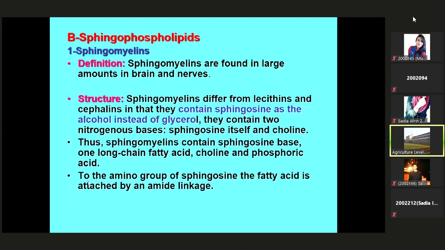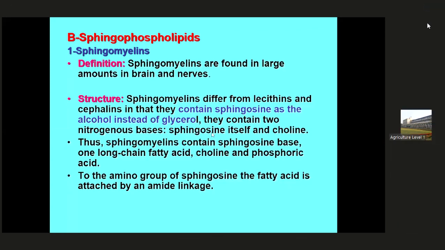So the amino group of sphingosine, as I have already said, sphingosine itself acts as the nitrogenous base, a nitrogen containing compound, as well as an alcoholic group containing compound. Between the fatty acid and the sphingosine, a linkage is present.